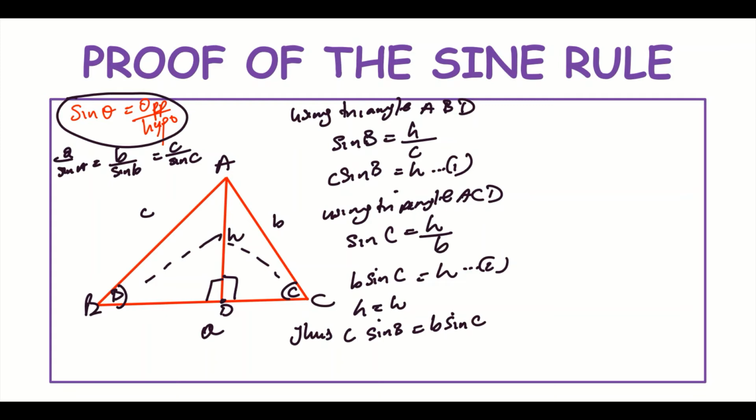Let me just rewrite it. We have c sine B, capital B, is equal to b sine C.